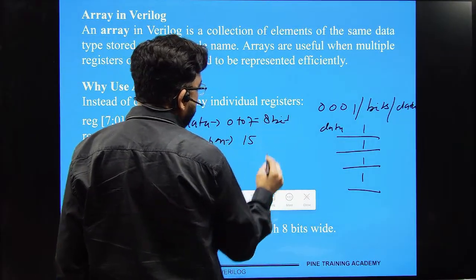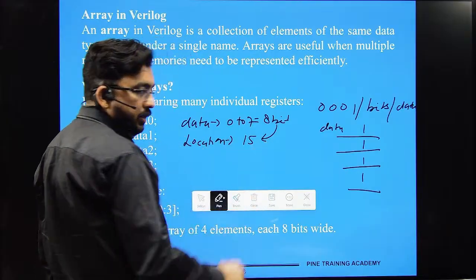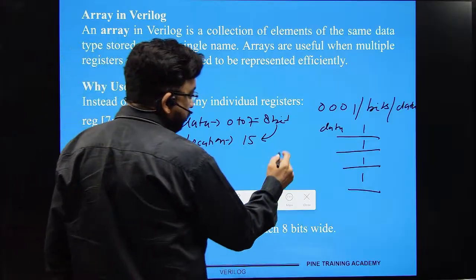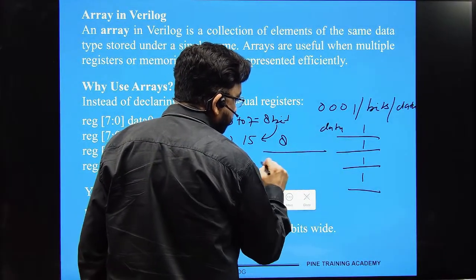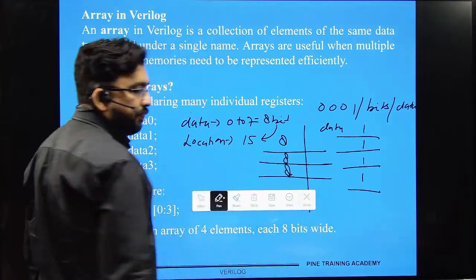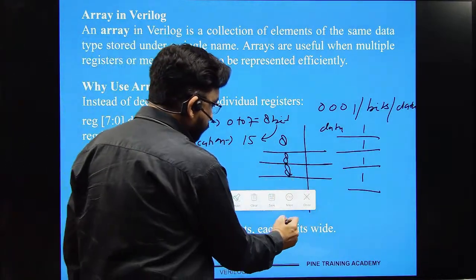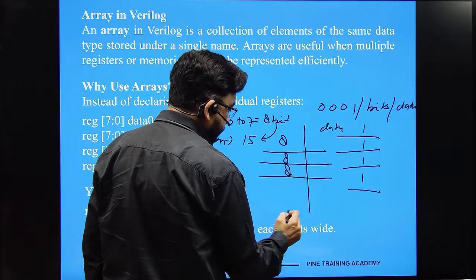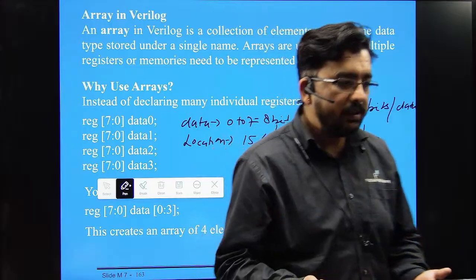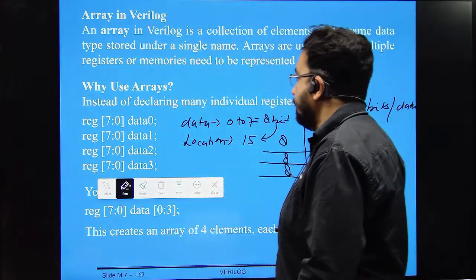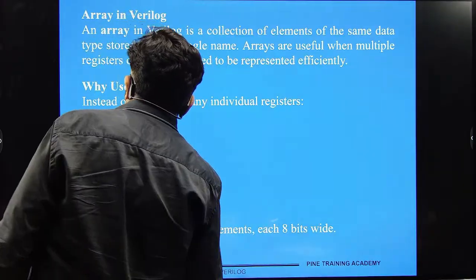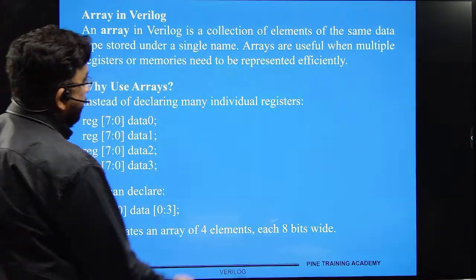So you want to save this 8-bit data per location, up to 15. These elements can be of the same type, so instead of declaring many individual registers.